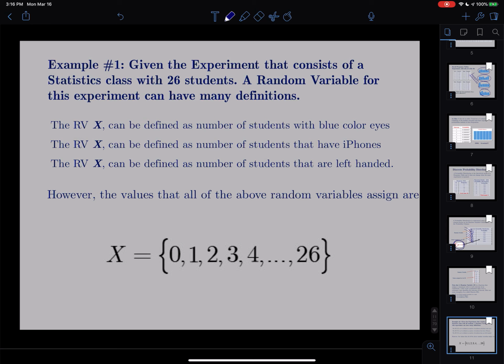Either way, once a random variable is defined and you have 26 students in this class, the values that the random variable assigns will be 0 to 26. Because you could have 0 students with blue eyes, or all 26 of them. Or 0 of them with an iPhone, or all of them. So the values the random variable assigns in this experiment are 0 to 26.